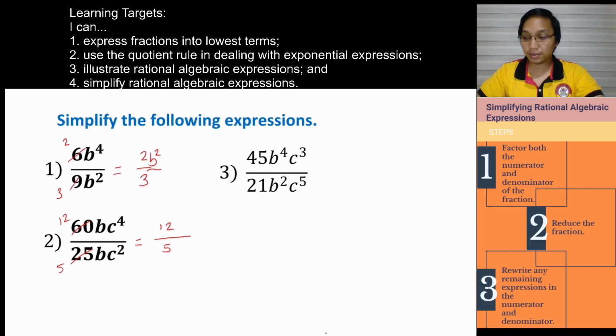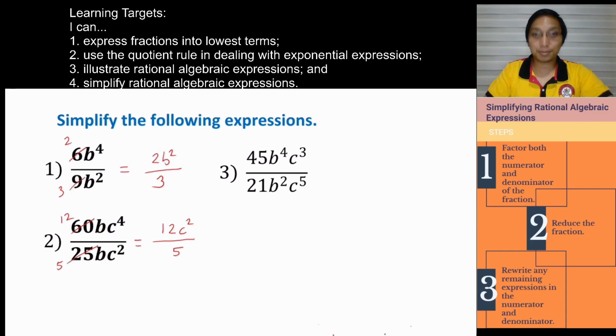Next, b to the first over b to the first is just simply 1. c to the fourth over c squared, subtract the exponent. 4 minus 2 is 2. So we have c squared. So our final answer will be 12c squared over 5.